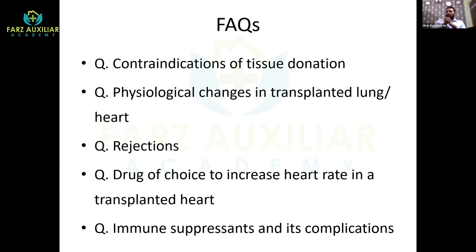Regarding rejection, what is hyperacute rejection? Hyperacute rejection is when the patient's antibody is working against the donor antigen. So there comes a hyperacute reaction, and the chance of rejection is very high, almost 100%, if you do not give profound immunosuppression with IV corticosteroid bolus therapy, or ATG, T-cell depleting agents in high doses.